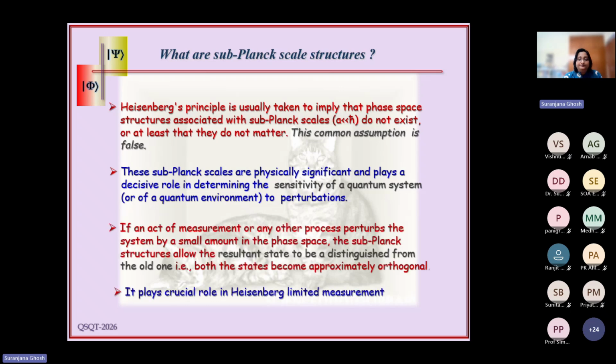For any kind of measurement process, it will disturb the system, and there will be a very small shift, of the order of sub-Planck scale. Then it will make these two systems distinguishable because the other one becomes orthogonal. So that way it is very useful, and of course it plays a very crucial role in Heisenberg limited measurement.